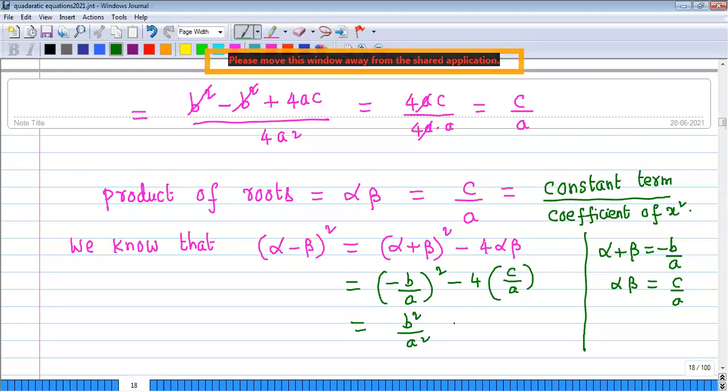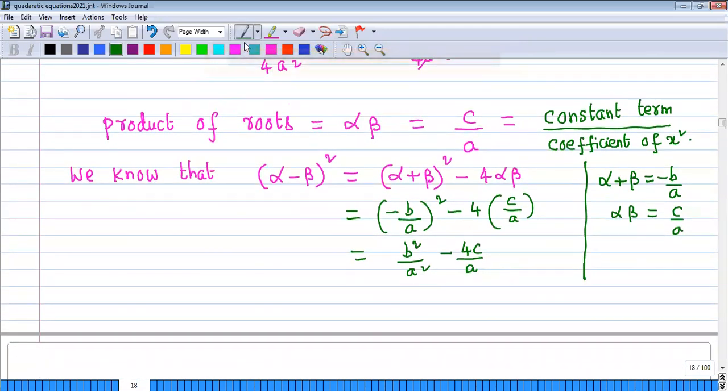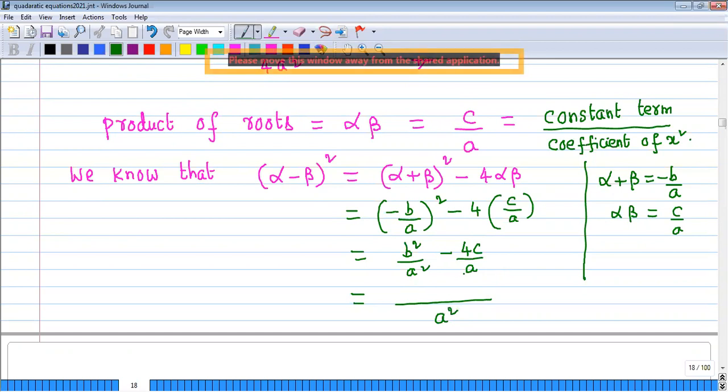So b square by a square, but this will be minus 4c upon a. Now what shall we do now? Here, take LCM. What is the LCM? A and a square, so don't take a cube. A square is enough because a divides a square.